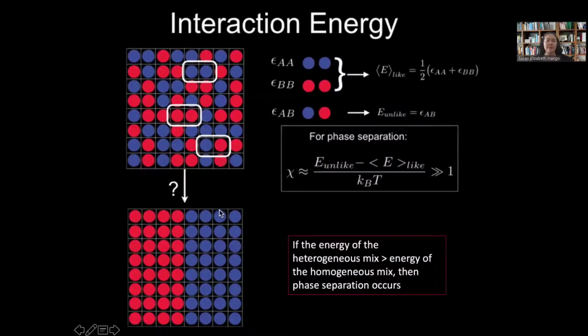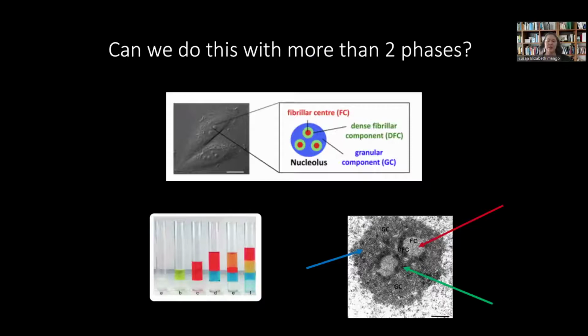Now, this kind of separation here is two different molecules, red and blue. In fact, we can think about even more kinds of separation. If we look at a nucleolus, we see that there are multiple. There's this blue granular component, there's this red, and then there's this green.